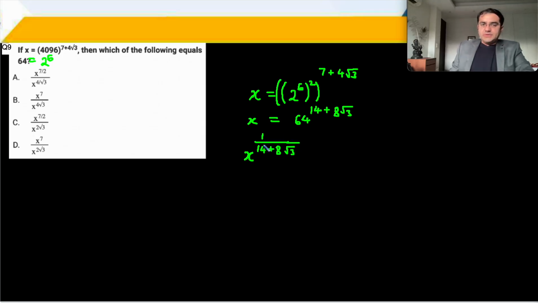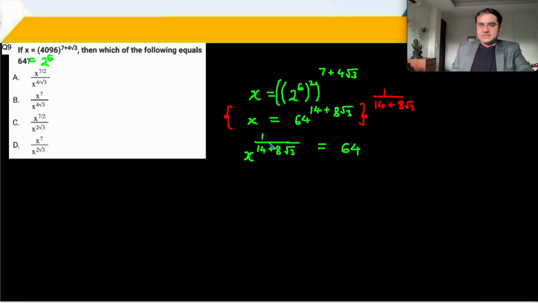Right, x to the power 1 upon 14 plus 8 root 3 is equal to 64 to the power 14 plus 8 root 3 to the power 1 upon 14 plus 8 root 3, and you are left with 64. Are you following what is going on? And that's it. We just need to simplify this.